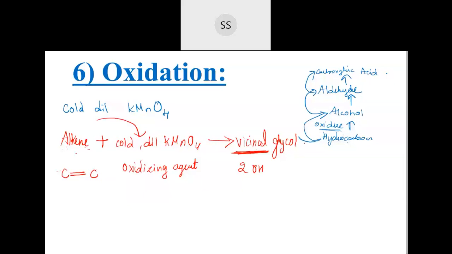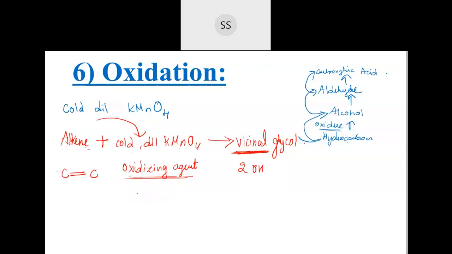In brief, I have told you what happens during the reaction. When you take an alkene and make it react with this oxidizing agent, cold dilute KMnO4, you get vicinal glycol, and alcohol will be produced. So we'll see the reaction now. KMnO4, I said, is an oxidizing agent.